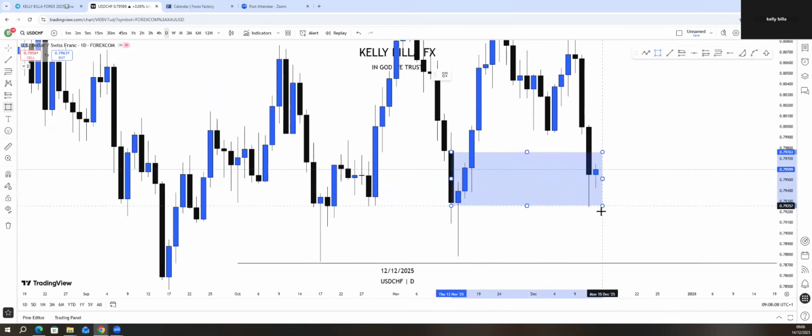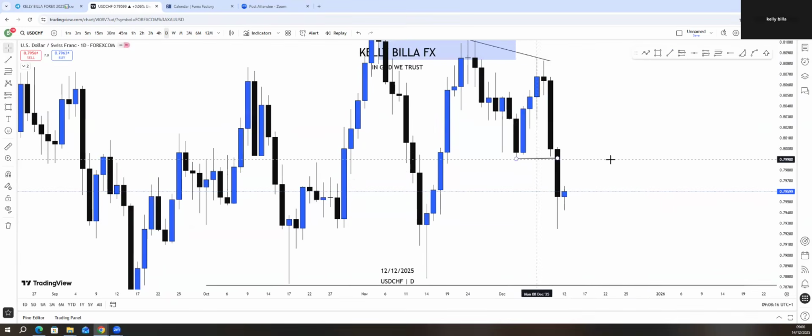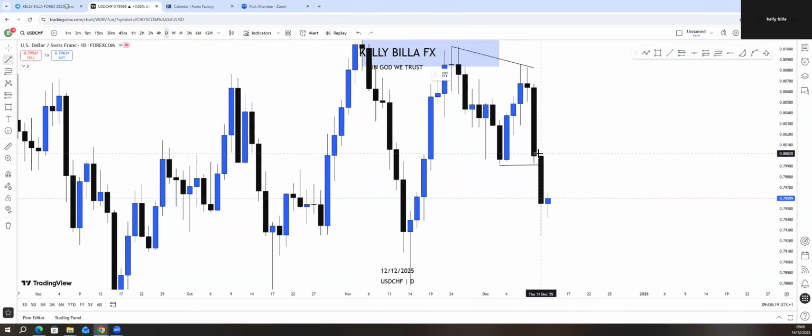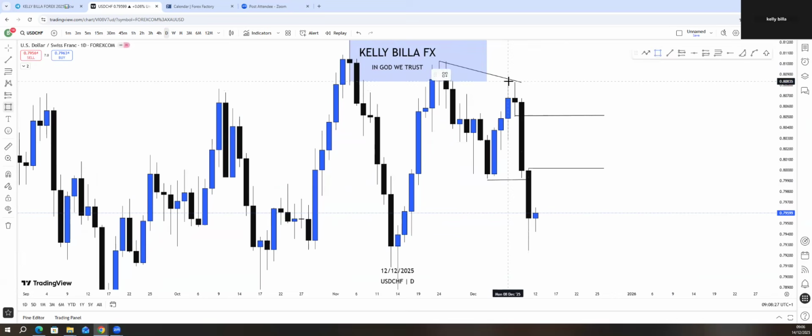I was looking to buy here, which price did not come into. But as of now, if you're buying into it, you're buying on the counter trend demand zone. So we have that area now as some sort of breakout structure. We have this as a fair value gap. Okay, so that's a clean fair value gap.